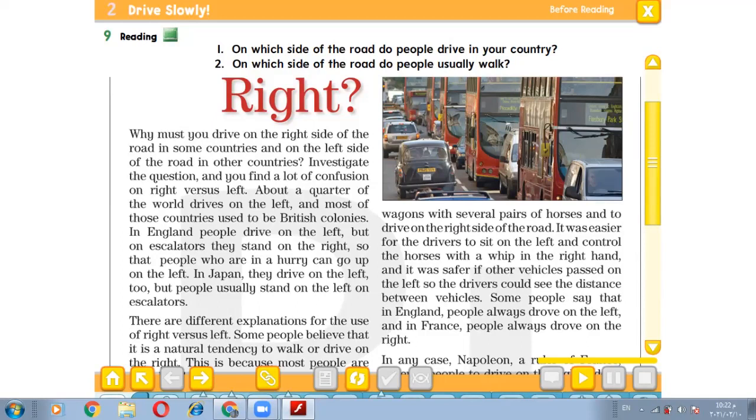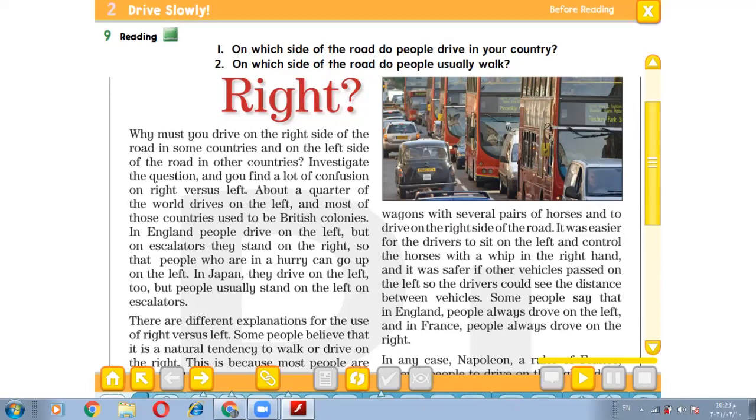Why must you drive on the right side of the road in some countries and on the left side of the road in other countries? Confusion. Investigate the question, which means to look into the question.